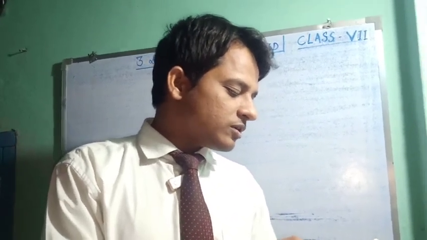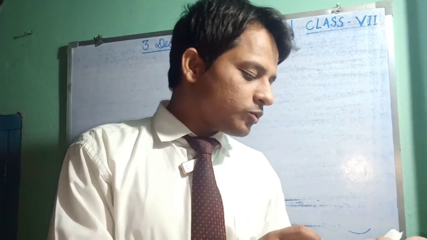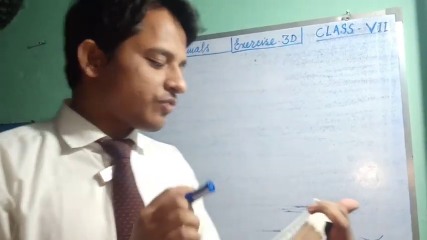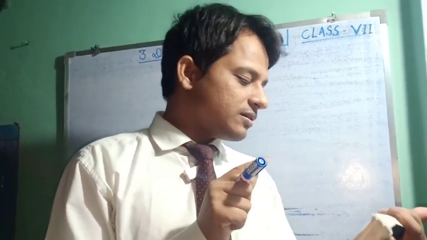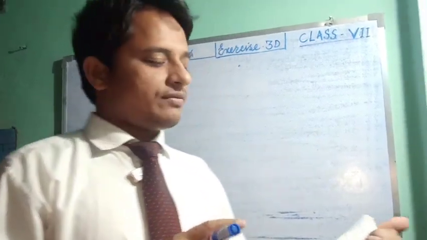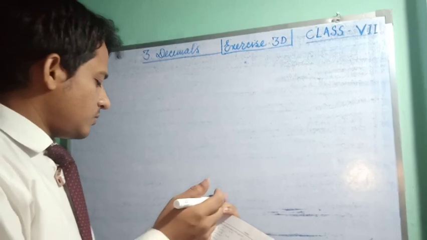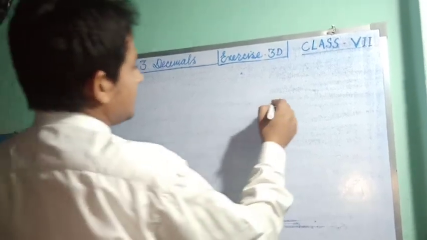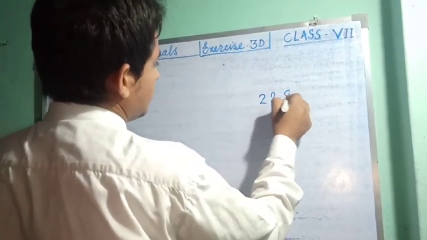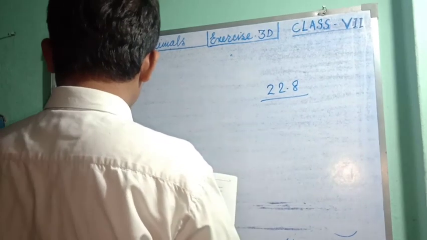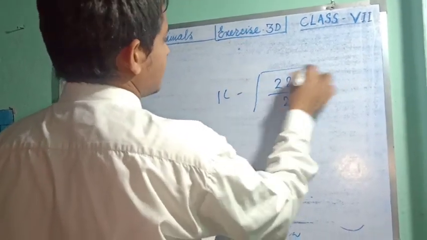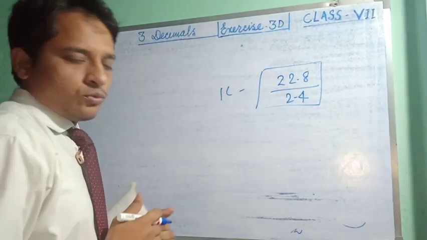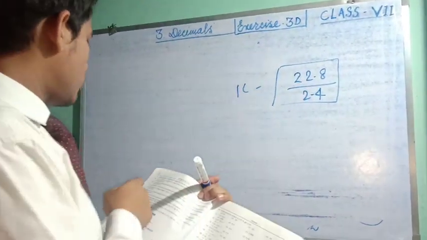That means 22.8 is divided by 2.4 because we have to find how much distance the car will travel in 1 liter. So you can solve it as you solved question number 9.